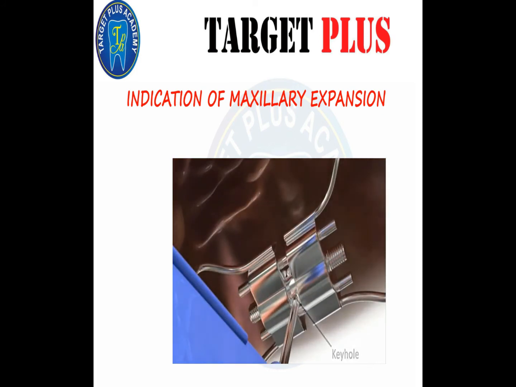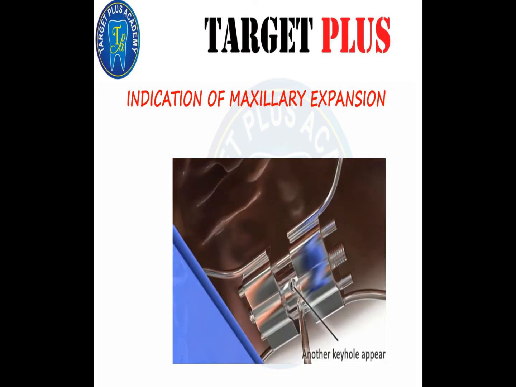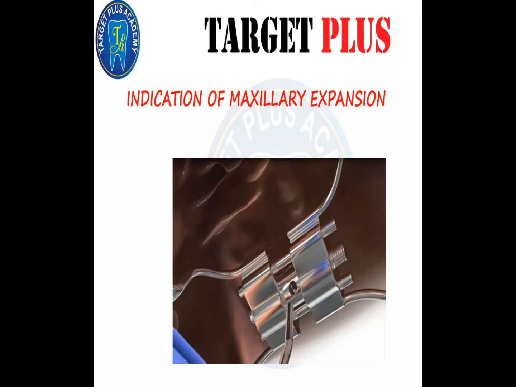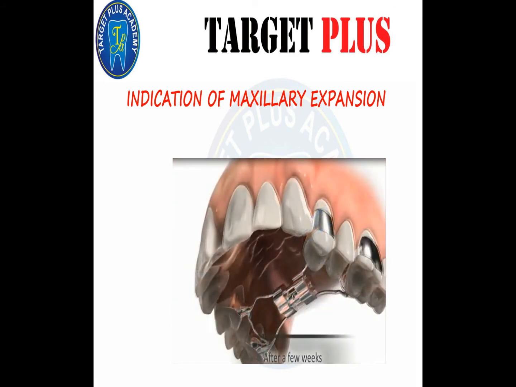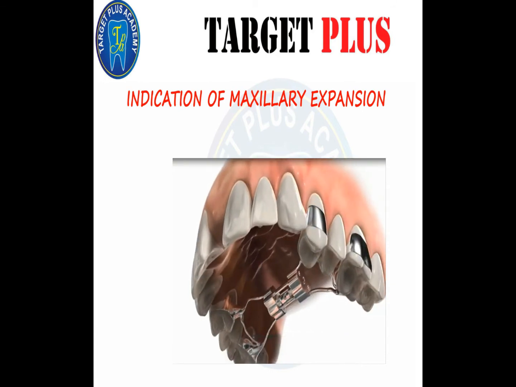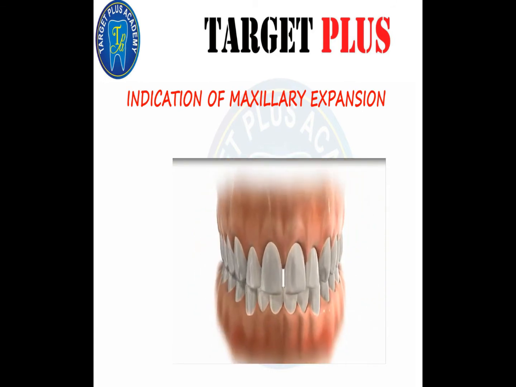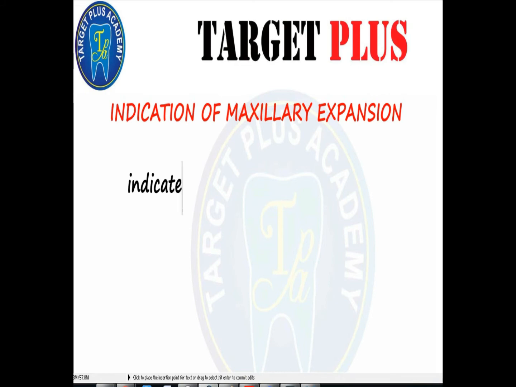The posterior crossbite associated with maxillary deficiency is the prime indication of rapid maxillary expansion. It is also indicated in cleft palate patients who have a collapsed maxillary arch, and may be indicated along with reverse pull headgears.